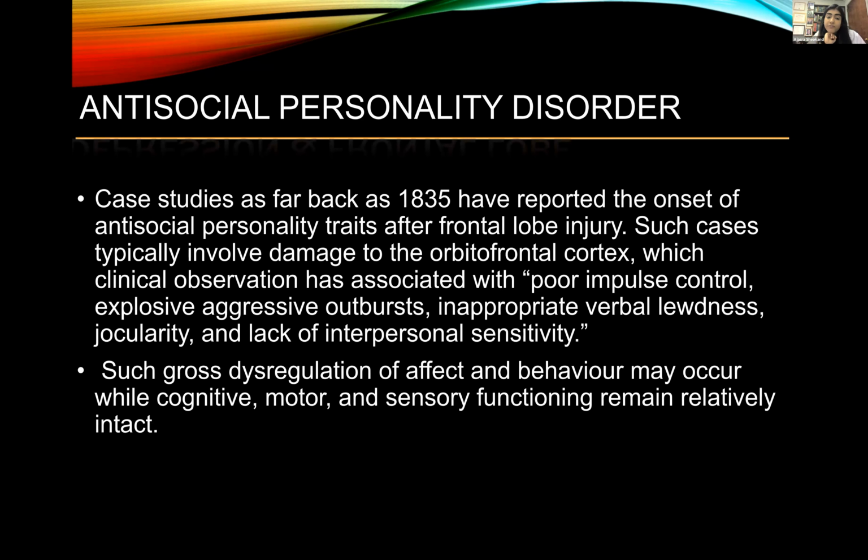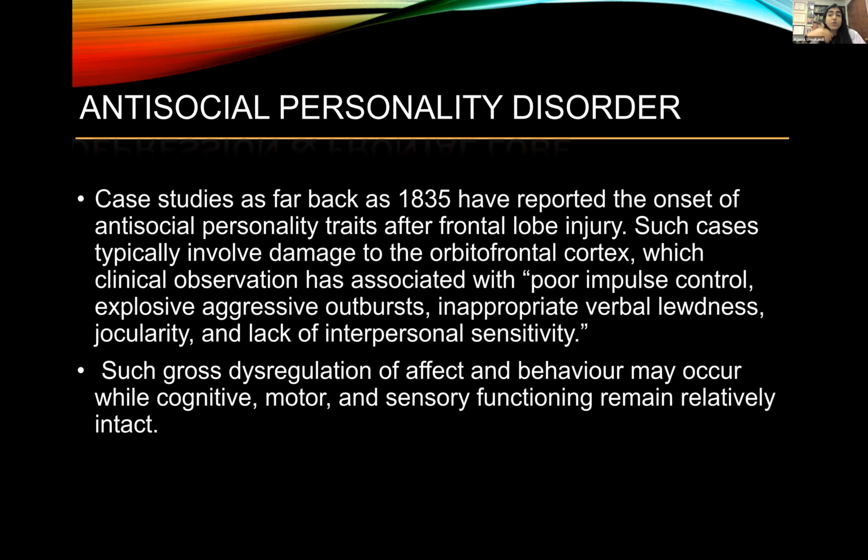Such cases typically involve damage to the orbitofrontal cortex, which clinical observation has associated with poor impulse control, explosive aggressive outbursts, inappropriate verbal lewdness, jocularity, and lack of interpersonal sensitivity, which sort of does describe somebody who would have an antisocial personality.